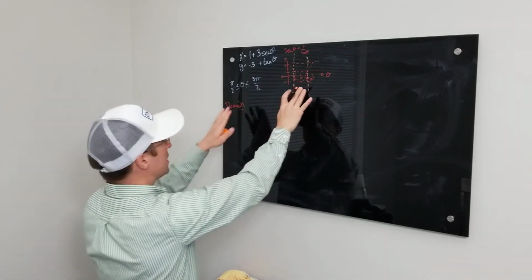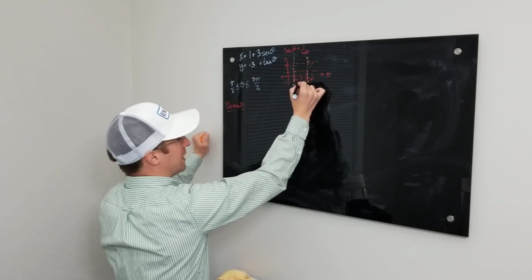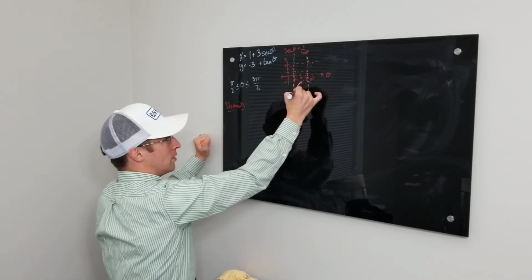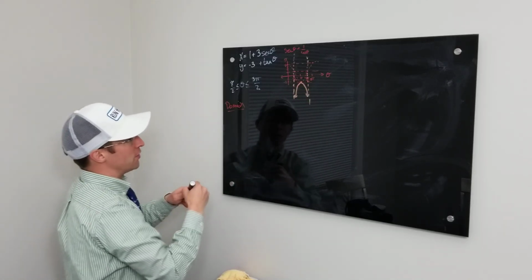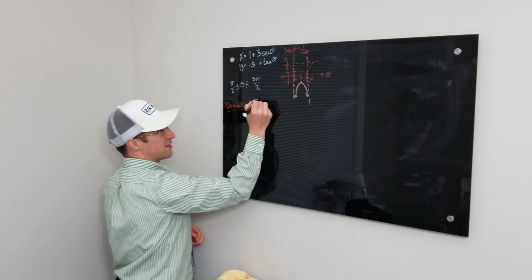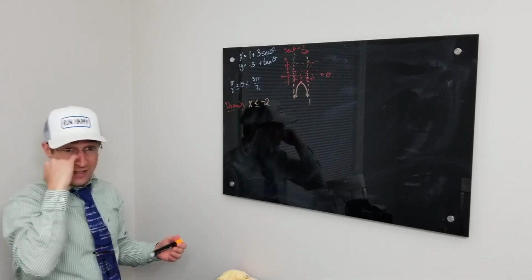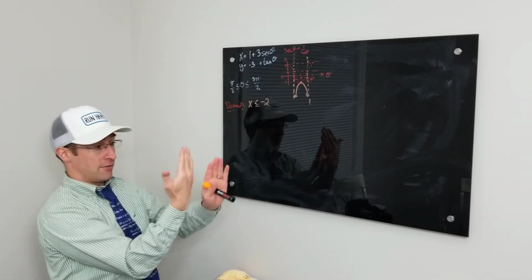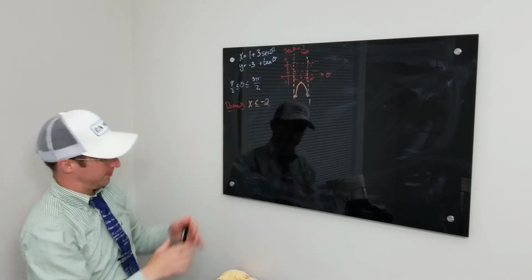So really I only care about this part of the graph for my thetas. So what I'm getting is from negative 2 down. Here, the domain is all the x's that are less than or equal to negative 2. So when I graph my xy rectangular graph, here's y, here's x equals negative 2, only on that side.